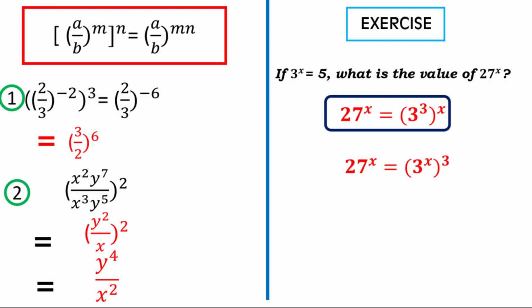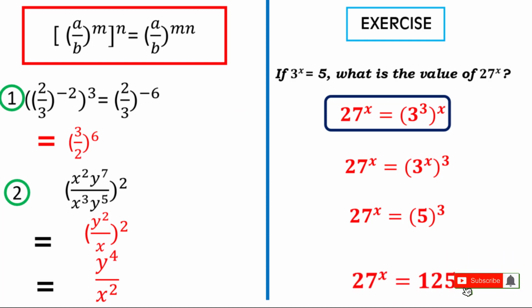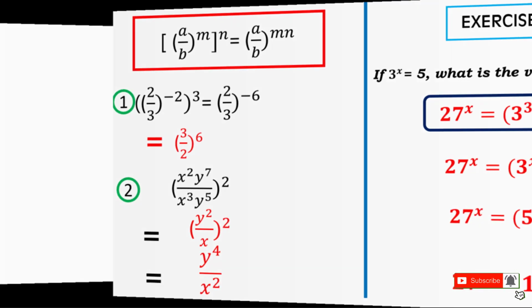But we have the value of 3 raised to the power x equals 5. So we can replace 3 raised to the power x with 5. So 27 raised to the power x equals 5 cubed. 5 cubed equals 5 times 5 times 5. It will be 125.